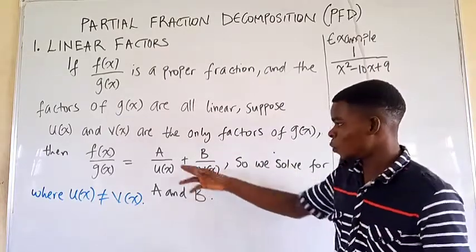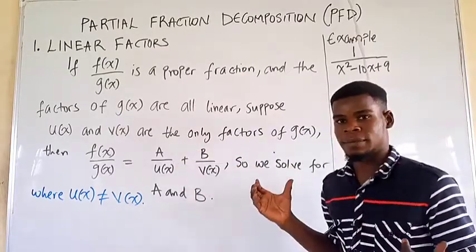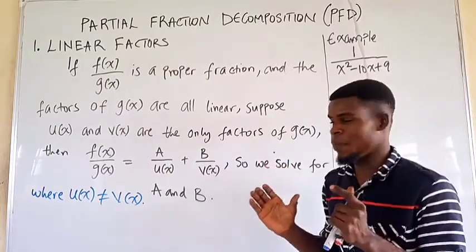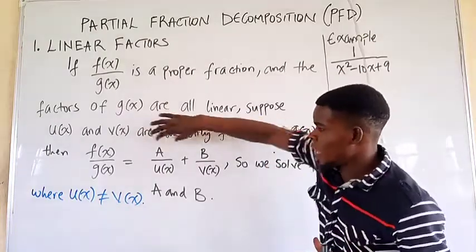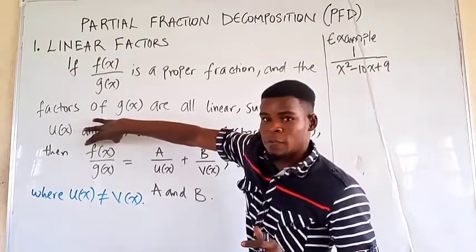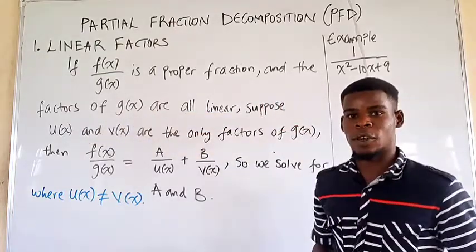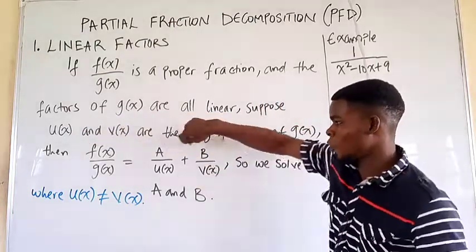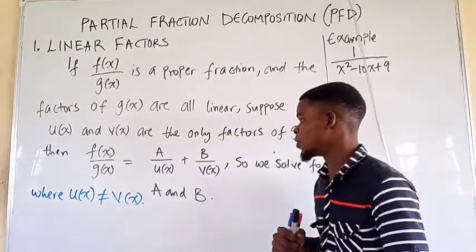Now, a is just a constant, and b is just a constant polynomial, the degree is 0. Any of them can be the first factor, it doesn't matter which one. Our aim here is to solve for a and b, and when we get the values of a and b, we substitute and equate the given fraction to its partial decomposition. So the whole process of solving for a and b is called the partial fraction decomposition.